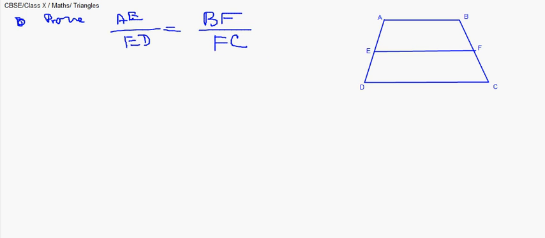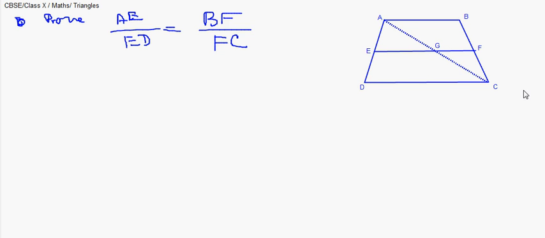To do so, let us join. The construction part is AC is supposed to be joined. I have joined AC, which is intersecting EF at this point, which we name as G. It was given AB parallel to DC.